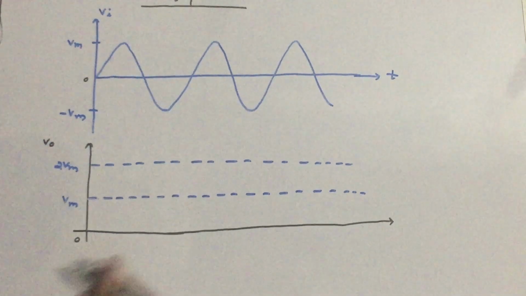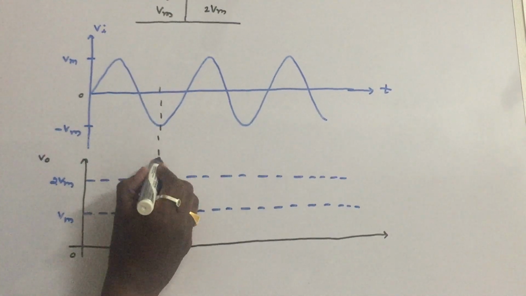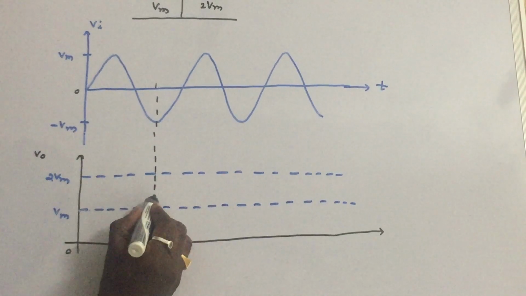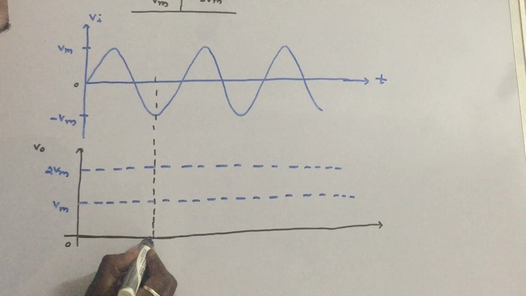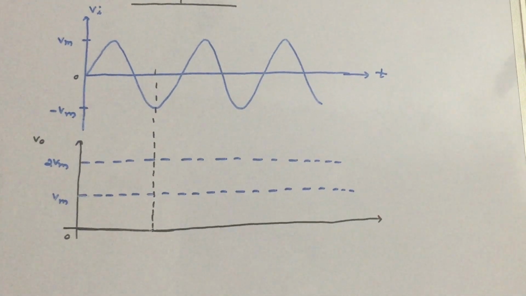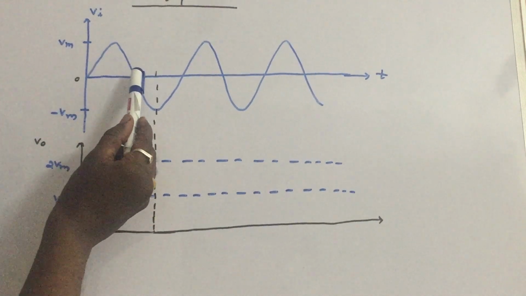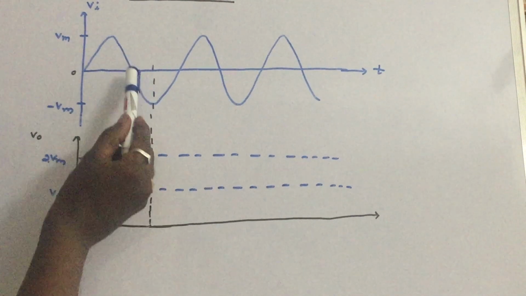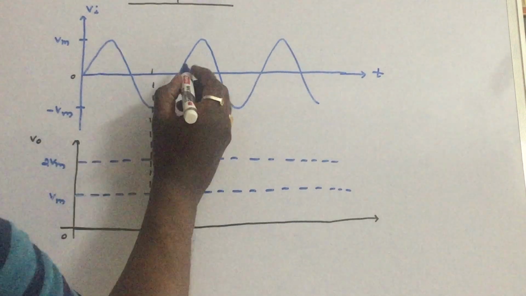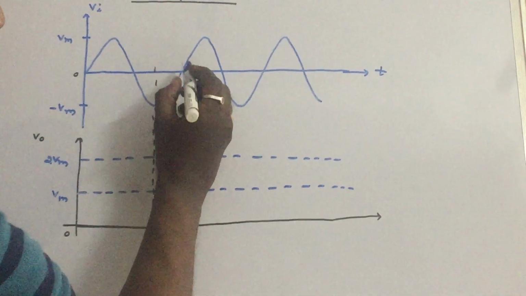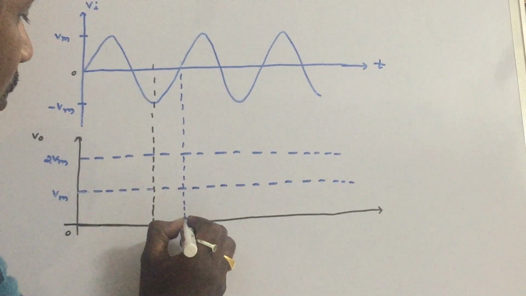What you have to see clearly is that till this portion, when the input reaches minus Vm, the output voltage is 0 in the circuit. The output voltage is 0 because during this positive portion the capacitor will not charge. During this portion the capacitor charges to minus Vm. So from this time onwards, project downward all the lines.